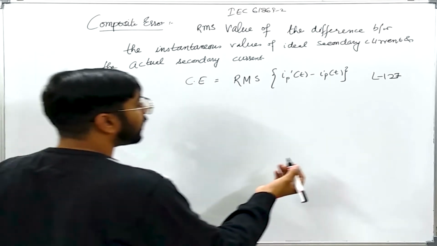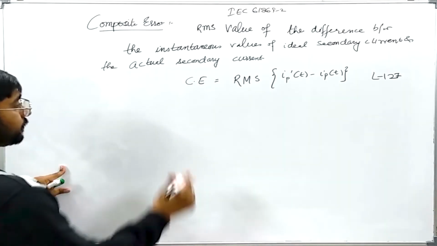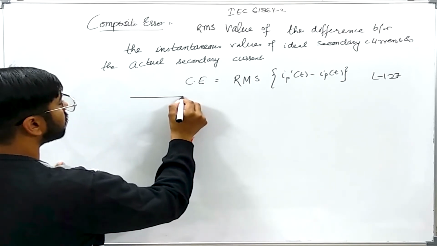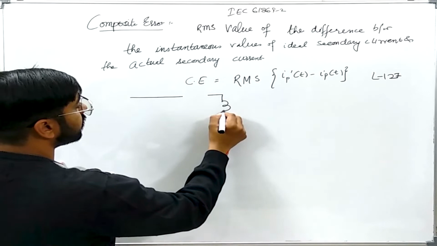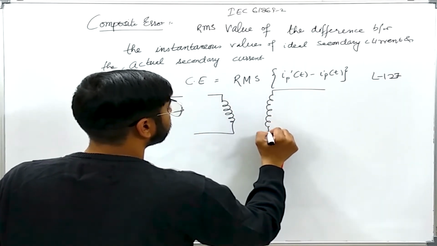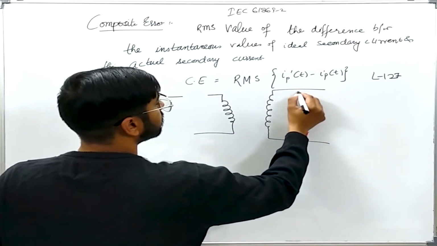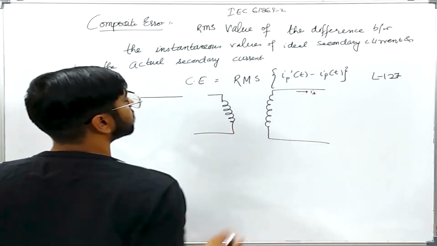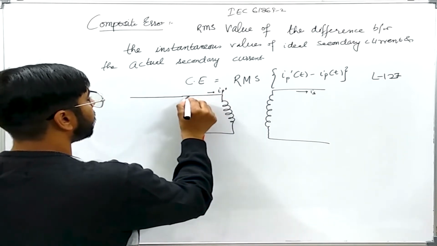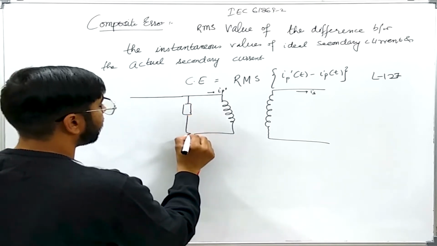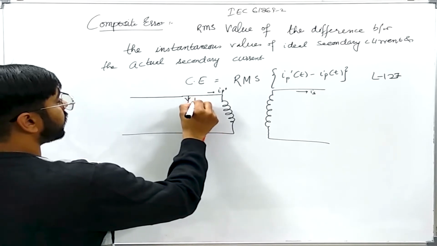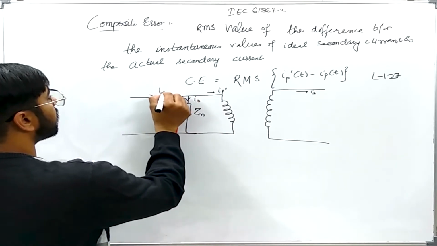Okay, let me again define them here. This was the CT which I showed there. This was secondary current IS, and this was IP dash, and here it was the magnetizing branch or the shunt branch, where this is I naught and this is IP.